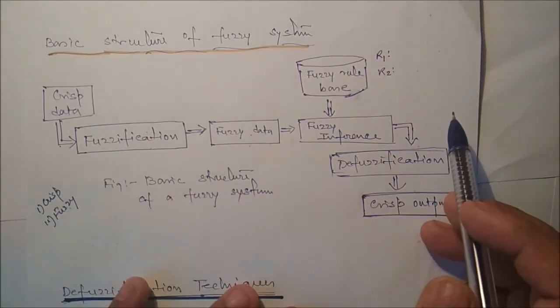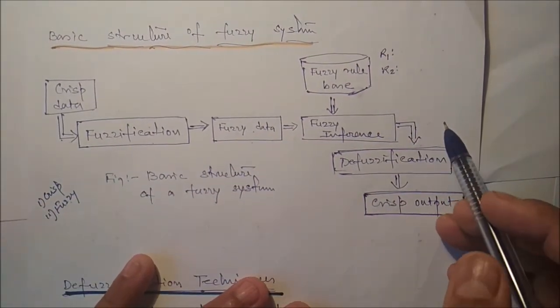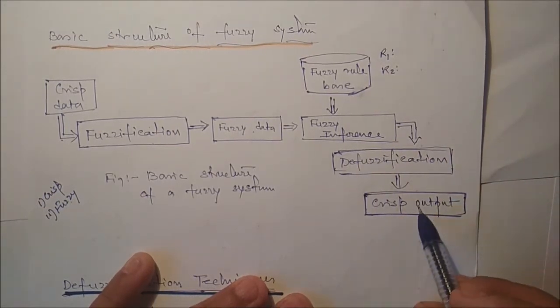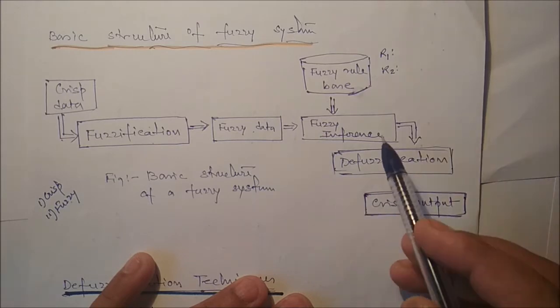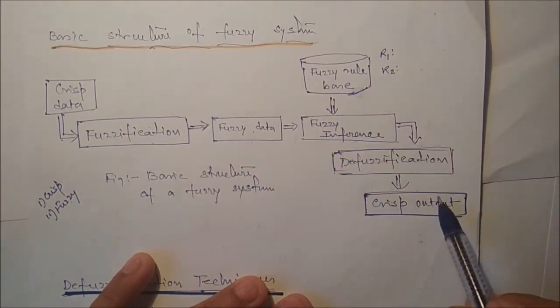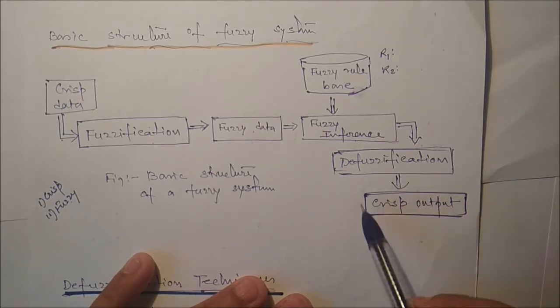But these conclusions are fuzzy conclusions, fuzzy output. So definitely we need defuzzification to get the crisp output. After fuzzy inference, we have to apply defuzzification to get one simple exact output.